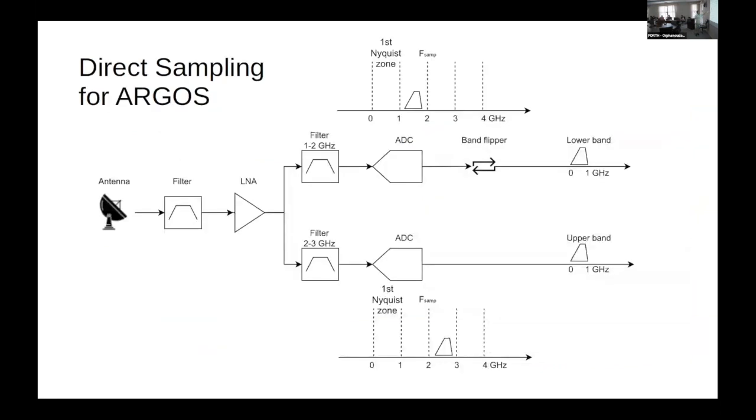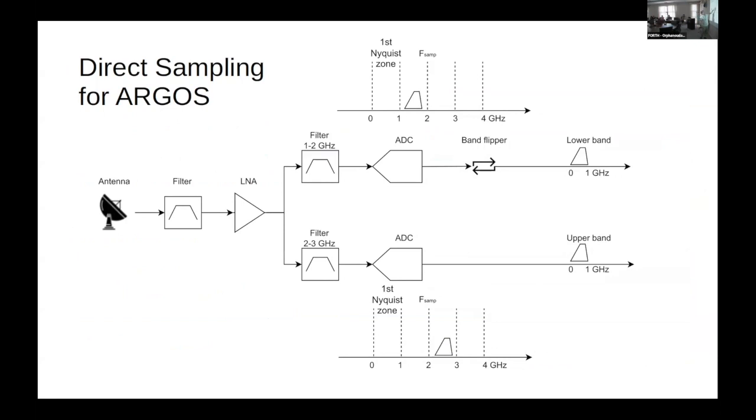So this is the image. This is the analog front end, and this is the digital front end. The analog front end we will cover more in the next talk. This is a placeholder. After the LNA, we get to the ADC, or the Argos board.